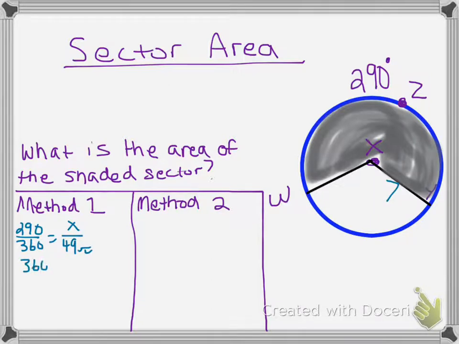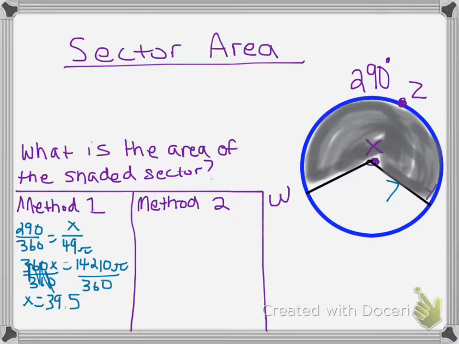Now 360x equals 290 times 49, which is 14,210 pi. Divide that by 360, and you get x equals 39.5 pi.